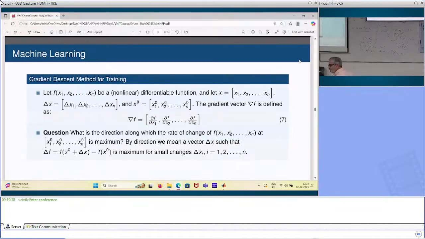Clear? I have to go down. I have to take a step. So I should choose that step where the change is the fastest. You might go down and decrease, but the best thing is to go in the direction where the change is the fastest. So we have to work out in which direction is the change fastest.